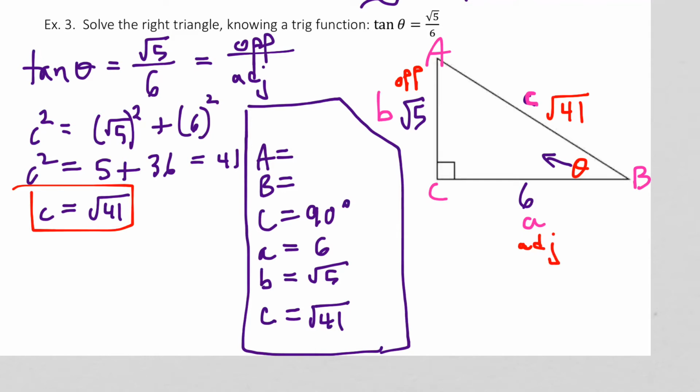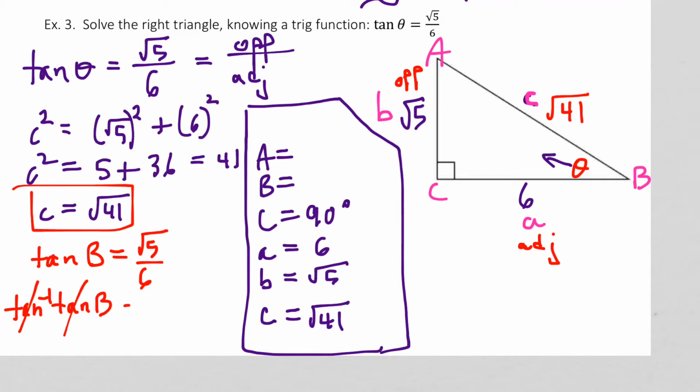All right, so I could say tangent of the angle B is equal to root 5 divided by 6. So then I could say the inverse tangent of the tangent of B, so I can cross those out, is equal to the inverse tangent of root 5 over 6. And that'll give me B.